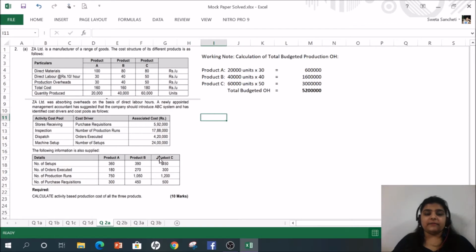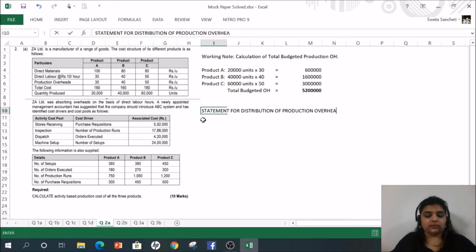Now since we have the bifurcation of cost given in front, let us distribute it between product A, B, C on the basis of our cost drivers. So here we are going to prepare a statement for distribution of production overheads.